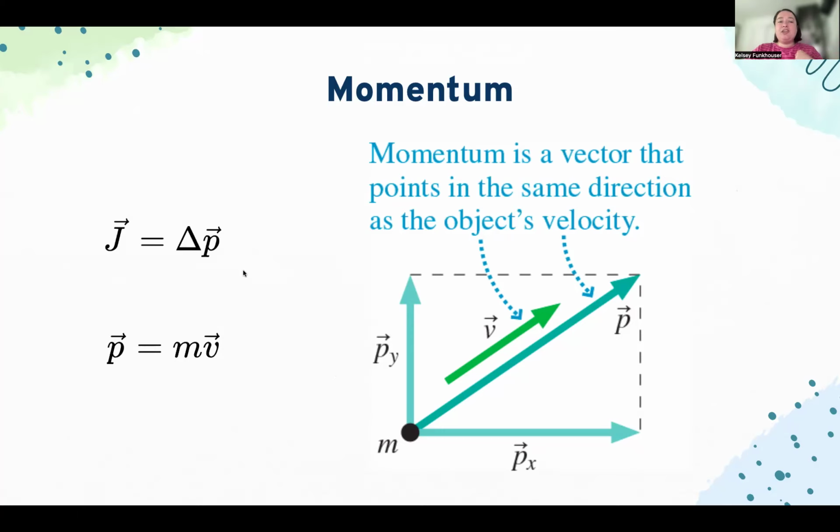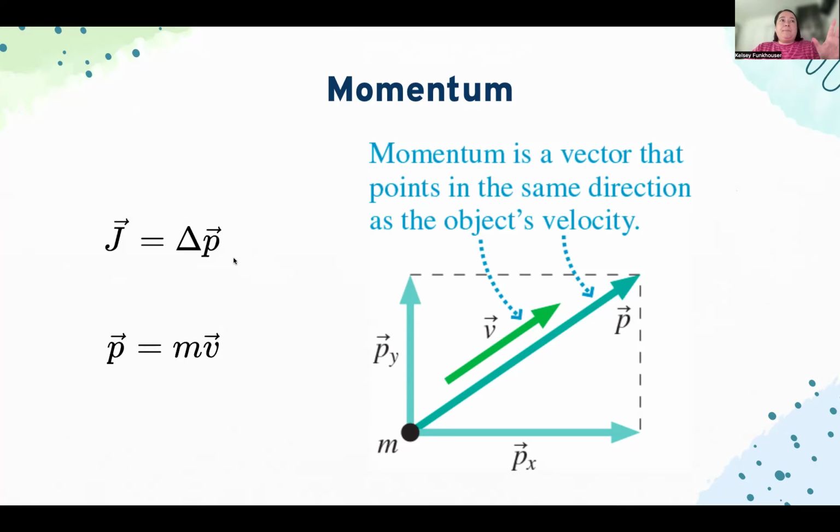And the change in momentum, which is the impulse, is also a vector. So for example, if you have the initial and final momentum, you can get the change in momentum, which is the impulse. And by that, I mean the vector form of these things.